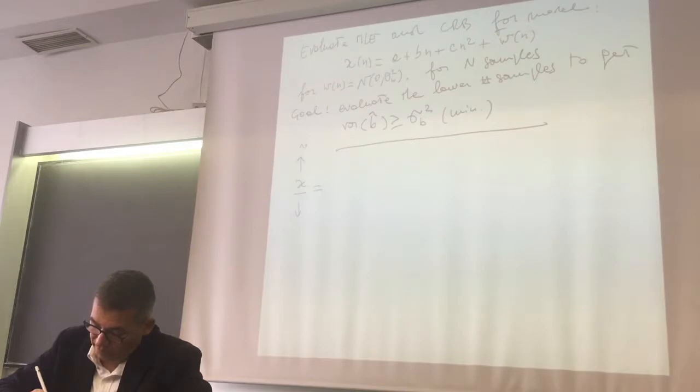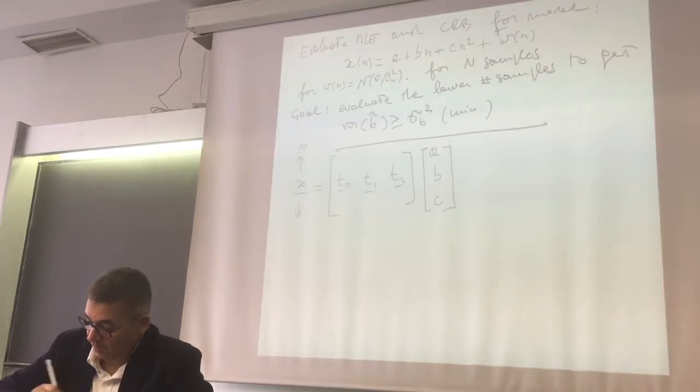So I have T0, which is all the time samples that are 0, T1, T2, times A, B, and C. T0 is a vector with 1, 1, 1, 1.